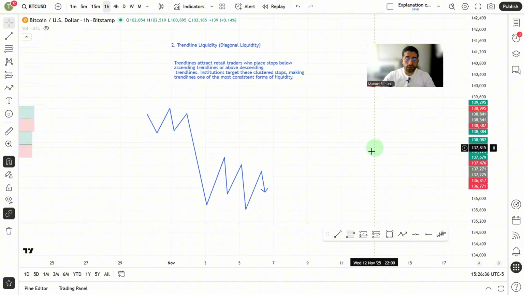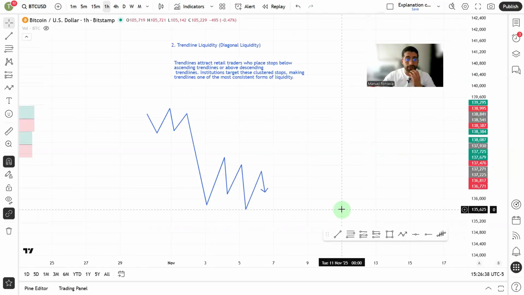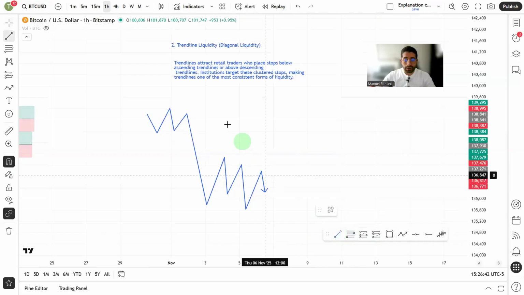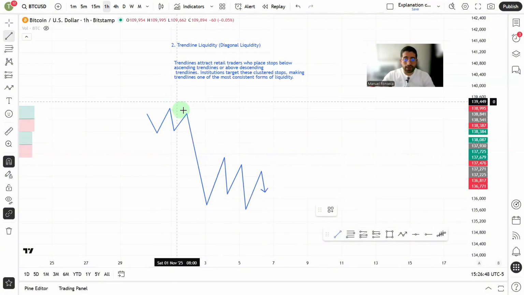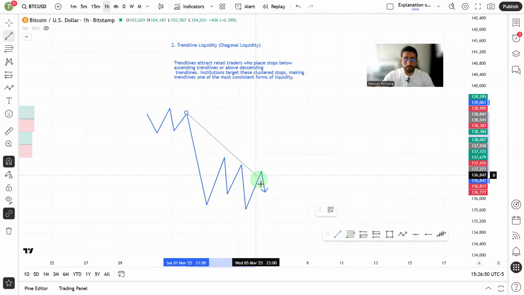We are taught, or we have learned as beginner traders, that trend lines are very profitable areas, right? Where there's a lot of profit, right?